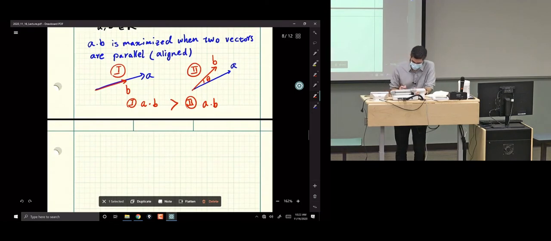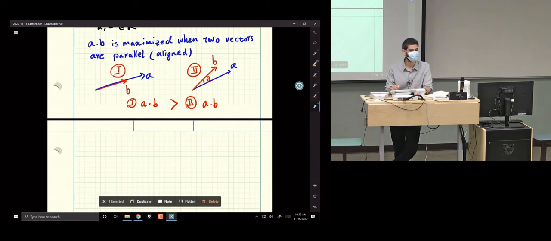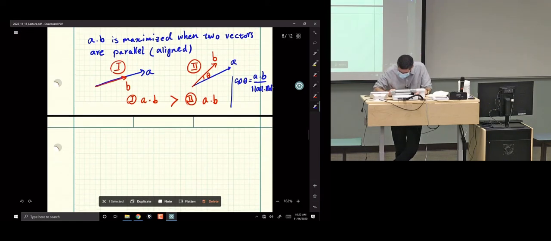Okay, so then we say, and you are able to compute the angle between two vectors. Just a side note. Cosine of the angle is A dot B divided by norm of A times norm of B. This is not good.